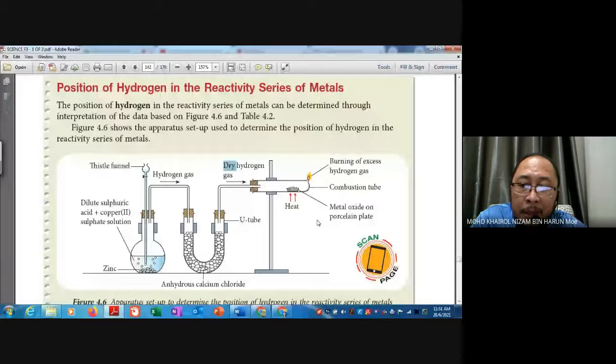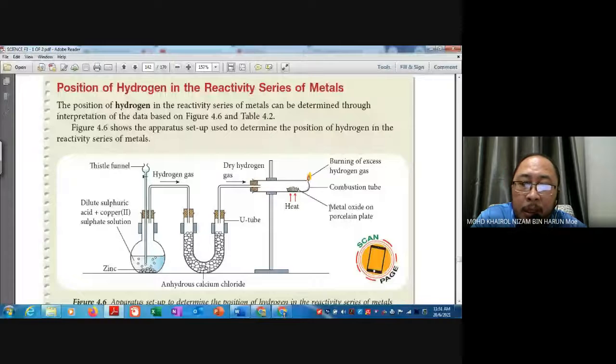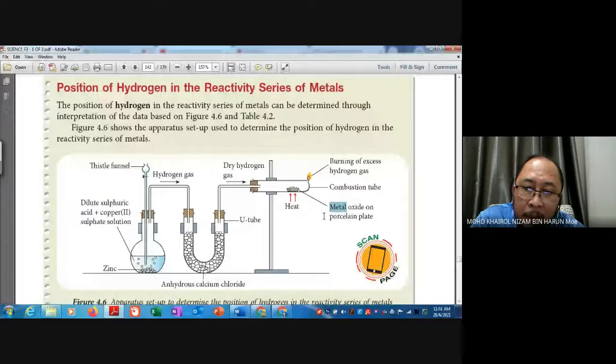So all the metal oxides, from potassium, sodium until silver and also gold, are put here and will be replaced one by one to show whether that metal can react with the hydrogen.